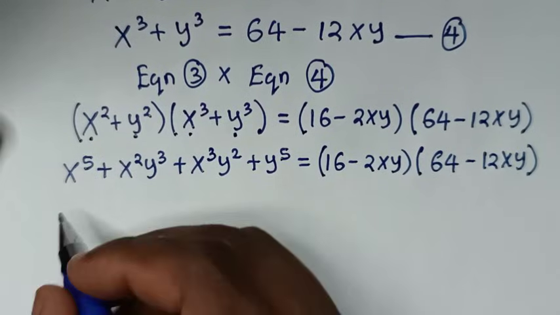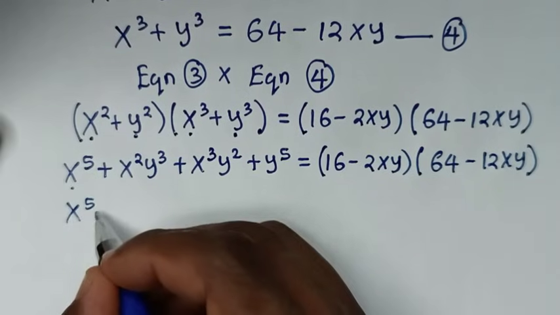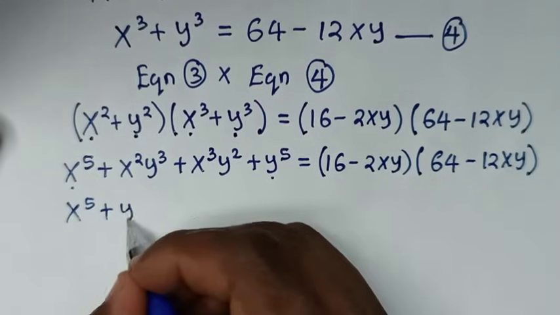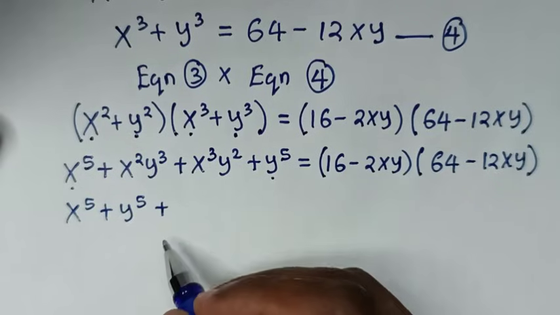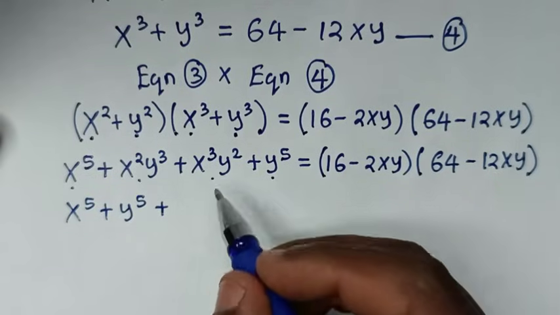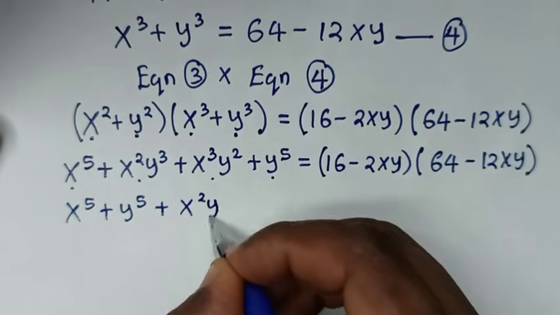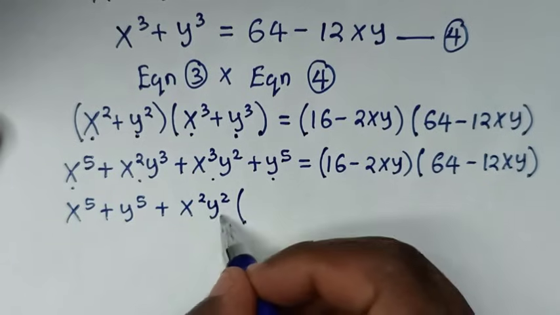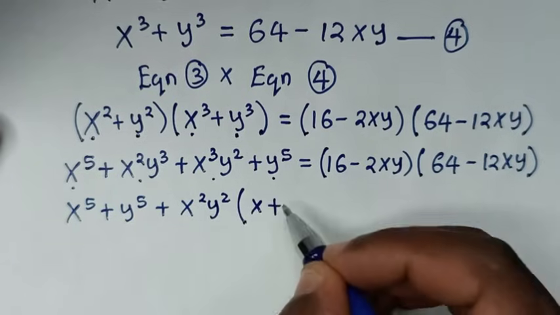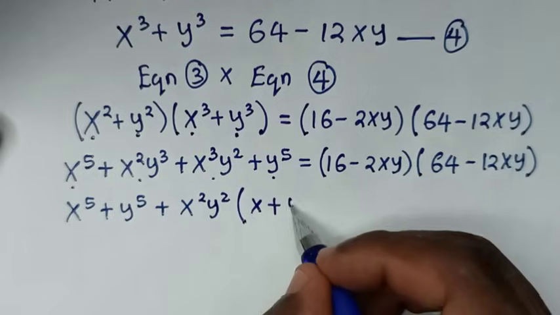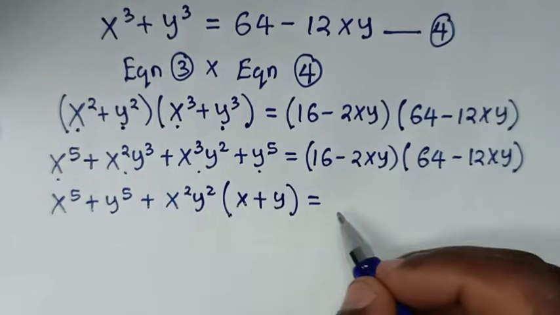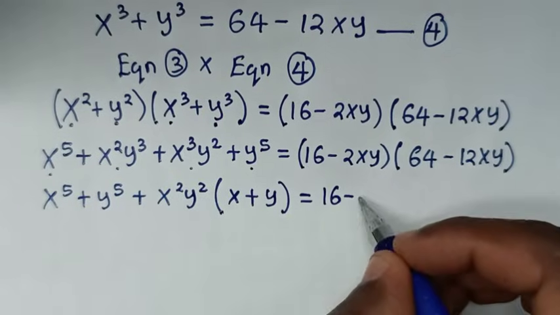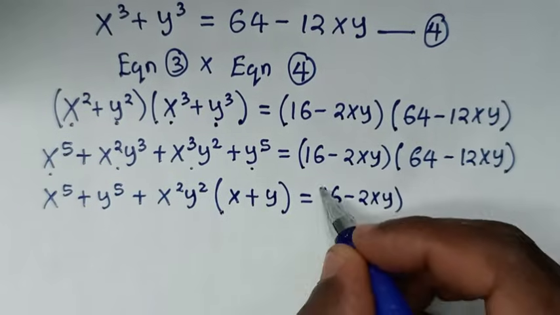Then it will be x^5 + y^5 plus, in the middle terms, x^2y^2 is common, so we'll take it out of the bracket, then this divided by this is x plus this divided by this is y, (x + y).